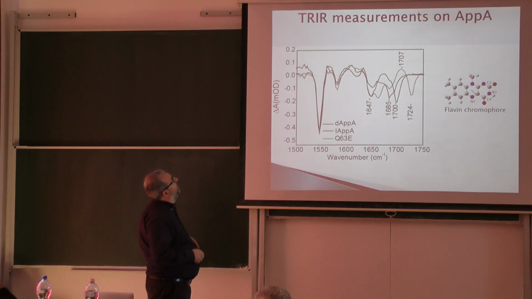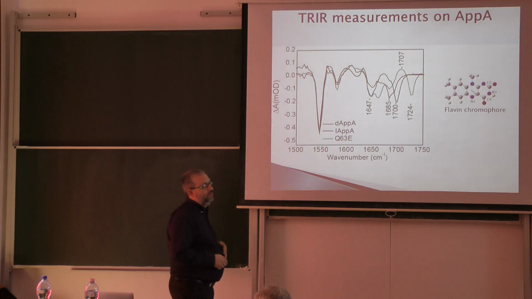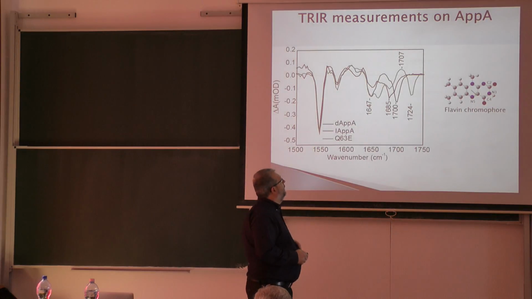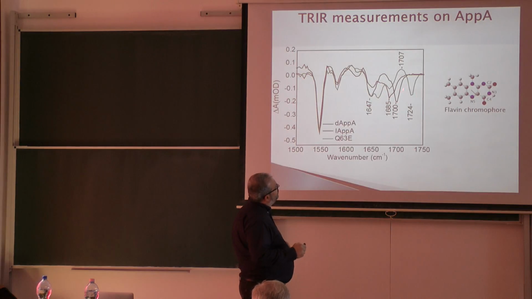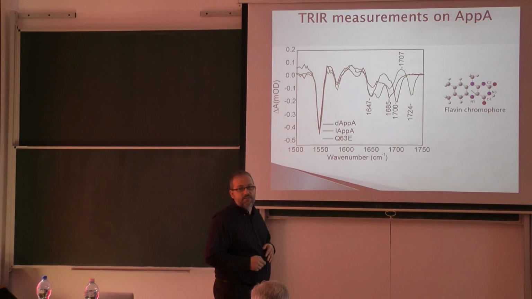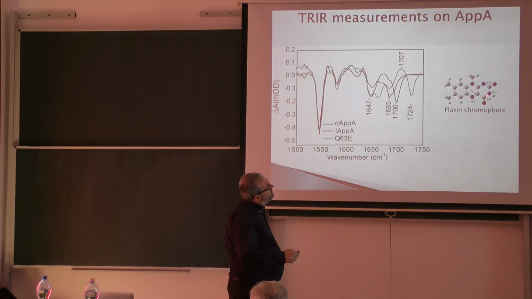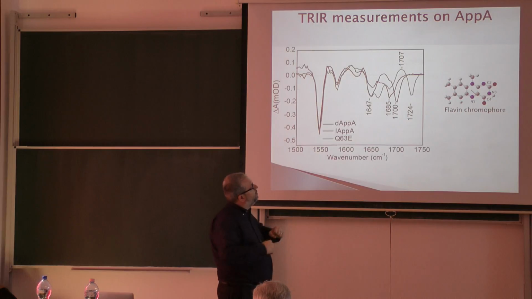Now, of course, we have to identify somehow the modes, and this is also a very, very long story, and I won't go into details, but basically, in the flavoproteins, we have a strong bleach around 1700s, and based on our research and our studies, this strong bleach stands for the C4 carbonyl stretch.